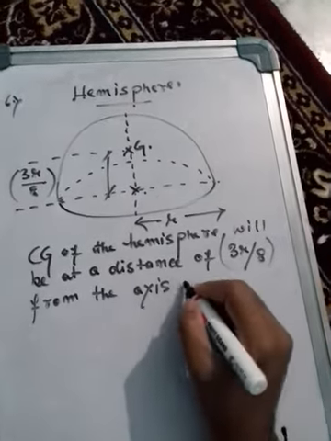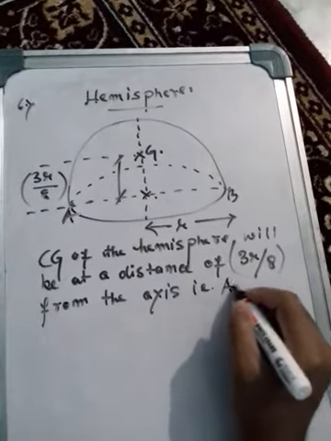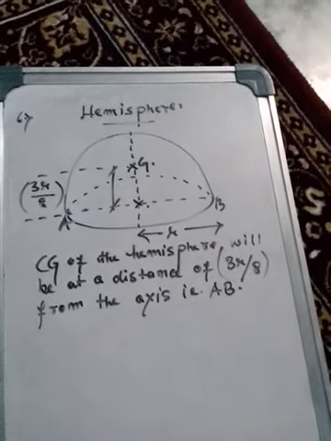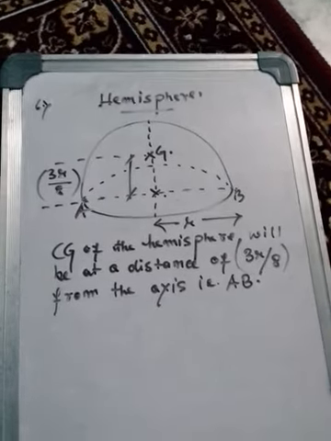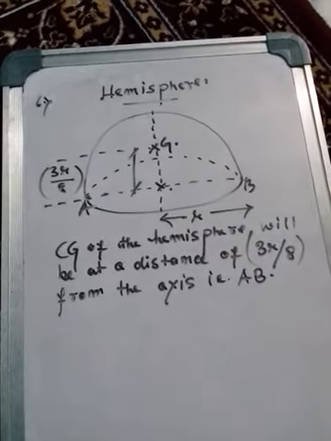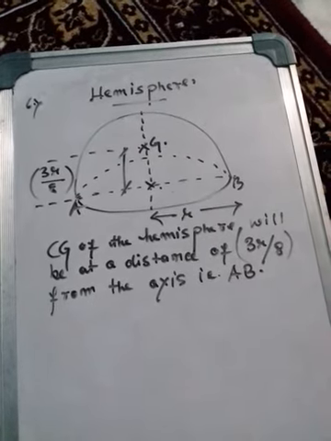That is, if you name the axis, it is AB. So CG will be at a distance of 3r by 8 from the axis of the base for the case of a hemisphere.